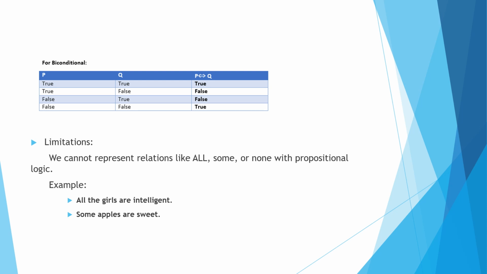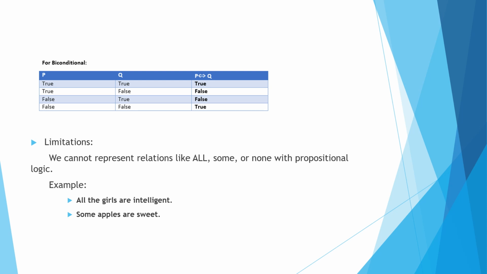When the P statement is false and the Q statement is true, the statement will be false. When the P statement is false and the Q statement is false, the statement will be true. So these are the logical connectives used in knowledge representation.